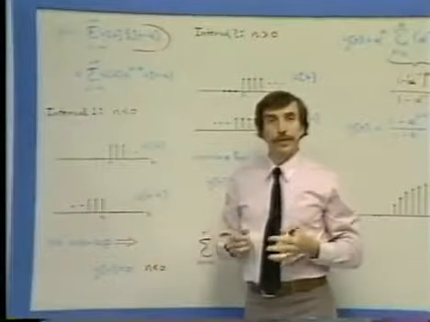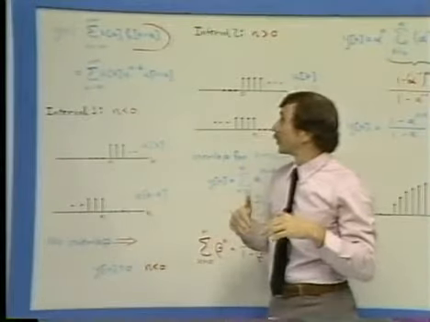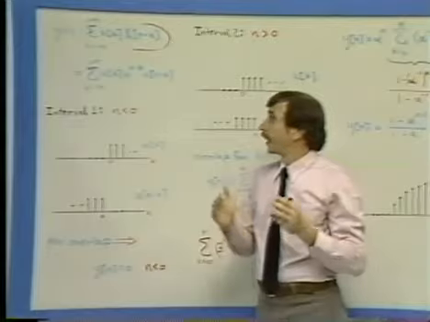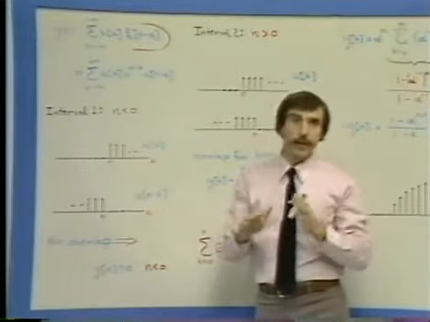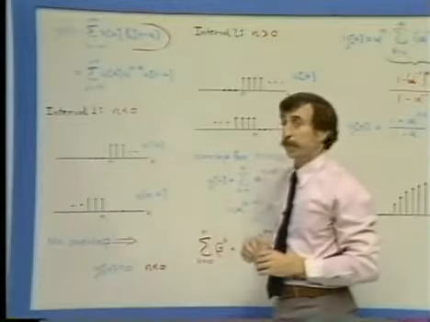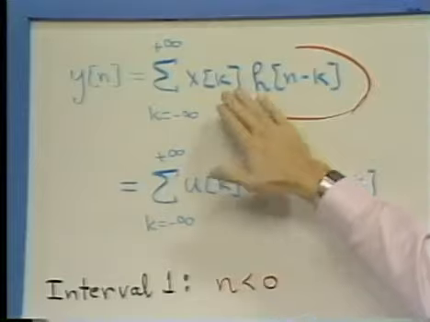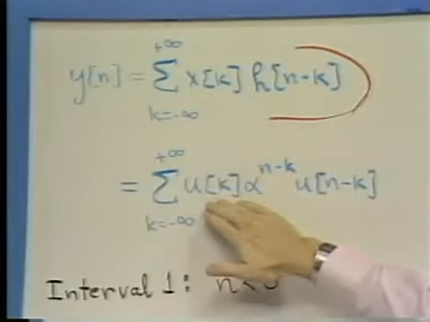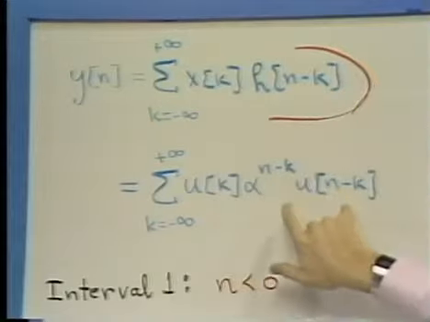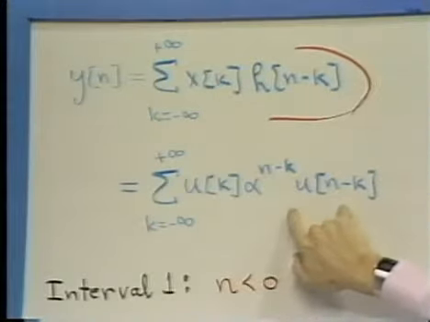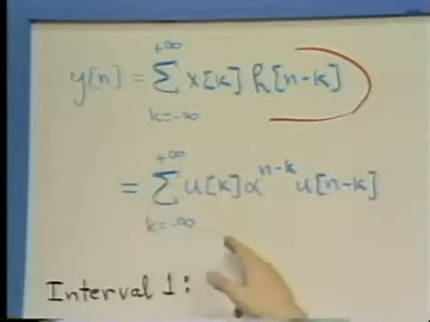And if we take our two examples, the example of an input which is a unit step and an impulse response which is a real exponential multiplied by a unit step, we have then, replacing x of k by what we know the input to be, and h of n minus k by what we know the impulse response to be, the output is the expression that we have here.